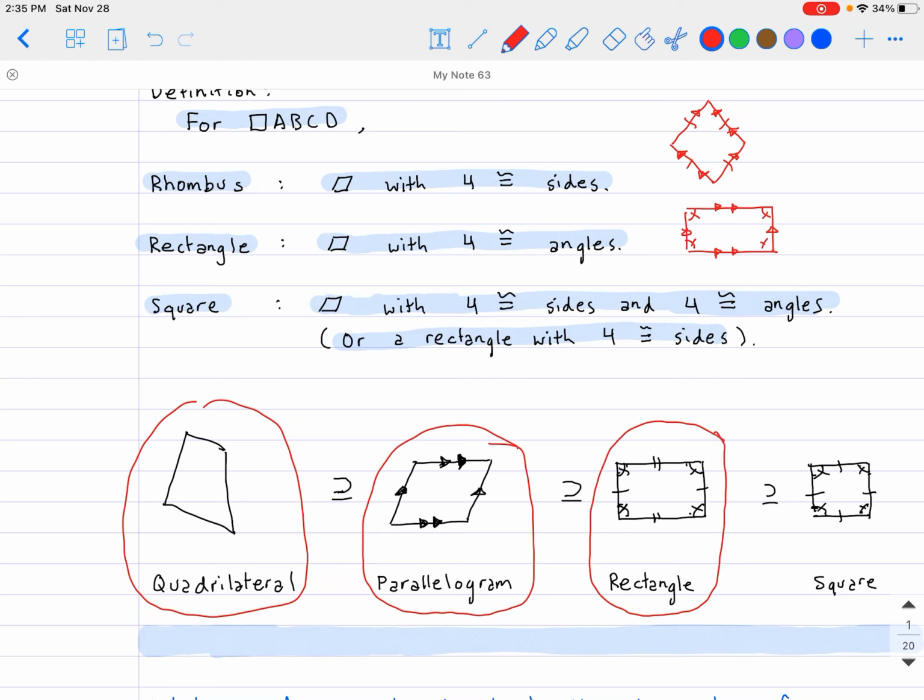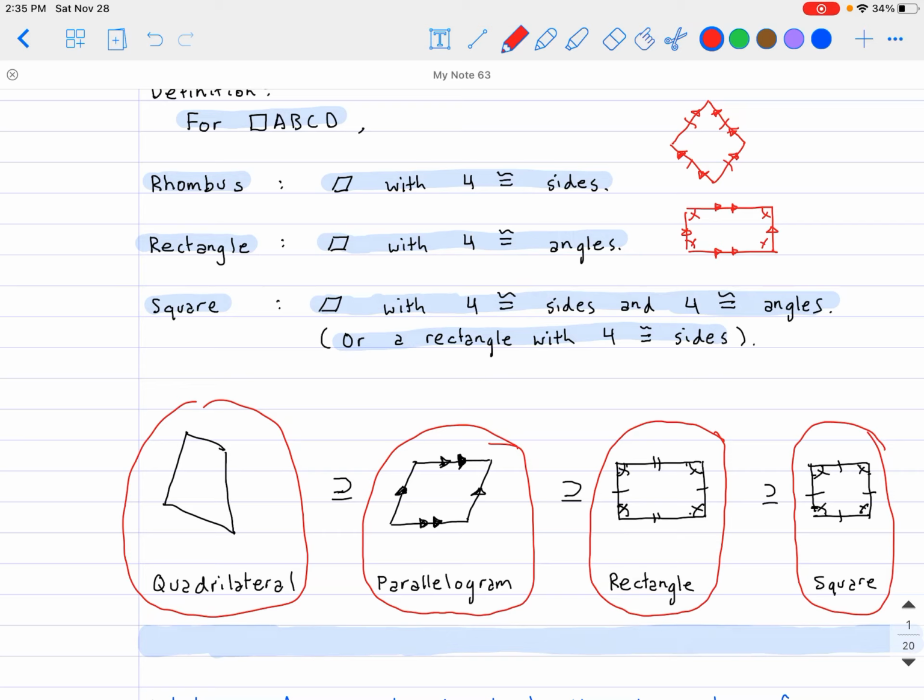That's a more restricting parallelogram, where you have four angles that are congruent to each other. And even more restricting than a rectangle is a square, where all four angles are congruent and all four sides are congruent. So basically, we're going into a subset within a subset within a subset, and so forth, okay?